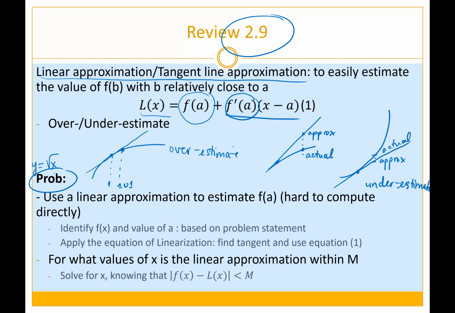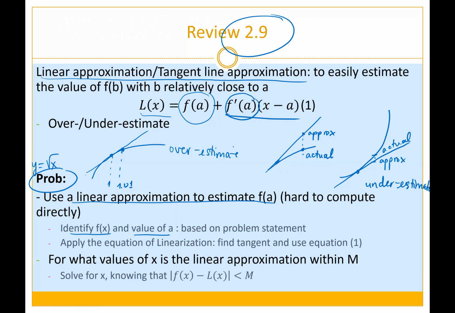Some of the types of problems you'll be asked are to use a linear approximation to estimate something. Usually that is a function like a square root or some sort of root, which is hard to compute directly if you don't have a calculator. The first step is to identify what f(x) is and the value of a.